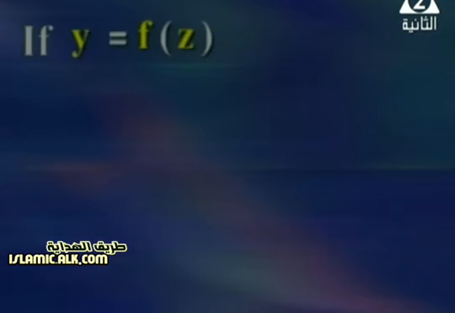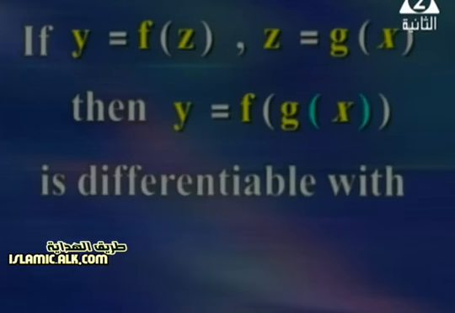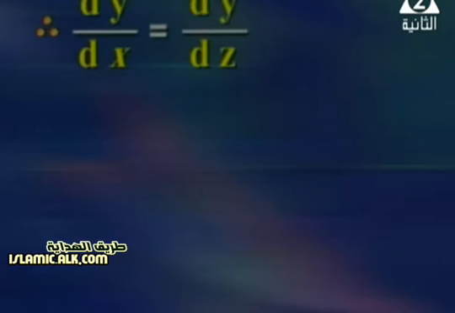Dear student, if y equals f of z, z equals g of x, then y equals f of g of x, which is differentiable with respect to x. Therefore, dy by dx equals dy over dz times what? Yes, student, dz over dx.